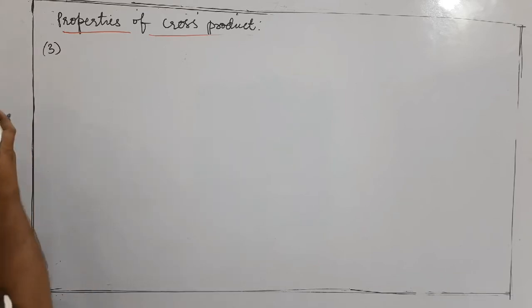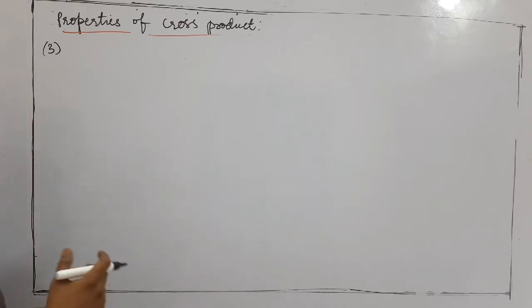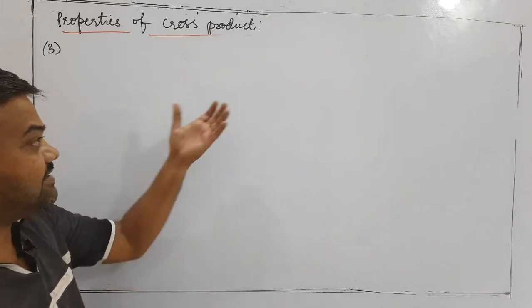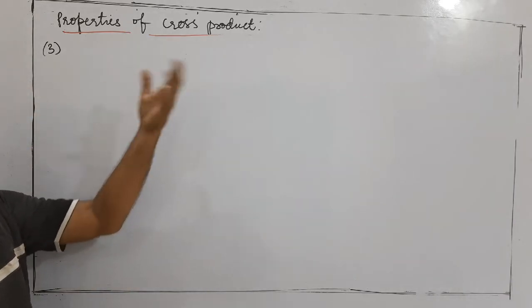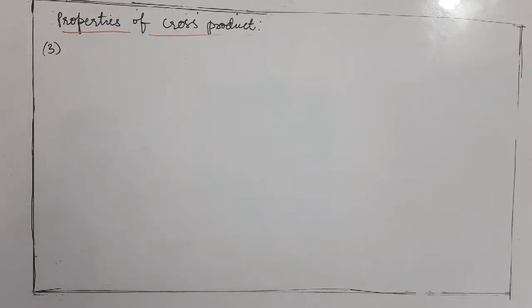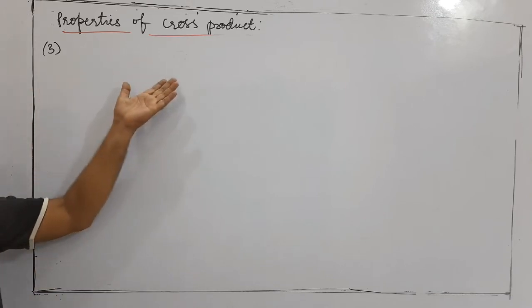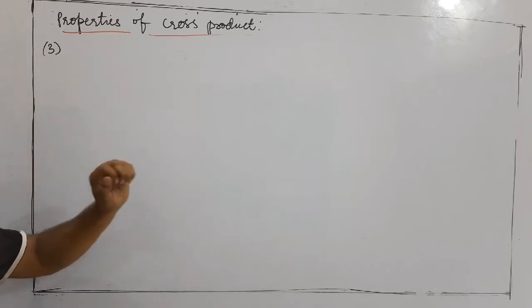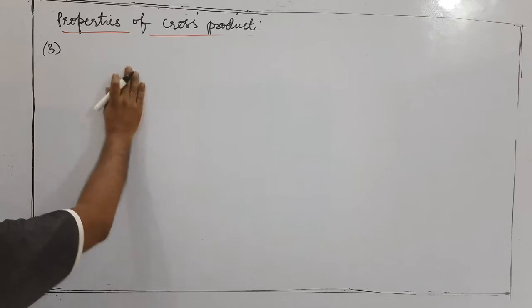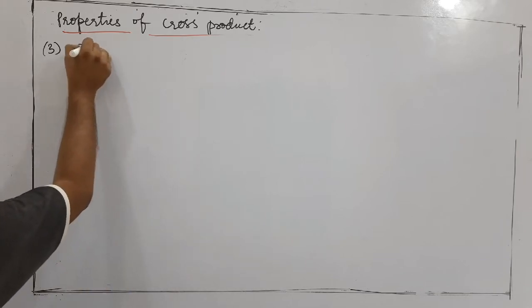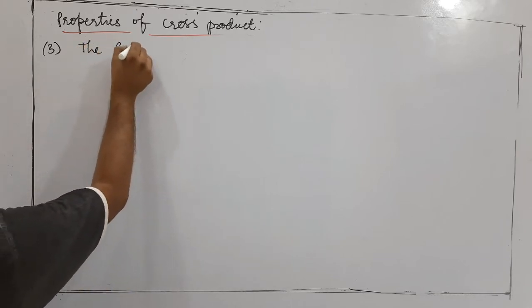In the second property, the cross product of two vectors has magnitude AB sine theta, and the direction is perpendicular to the plane containing the given two vectors. We have already applied this to unit vectors also. And the third one is the cross product of two parallel vectors.